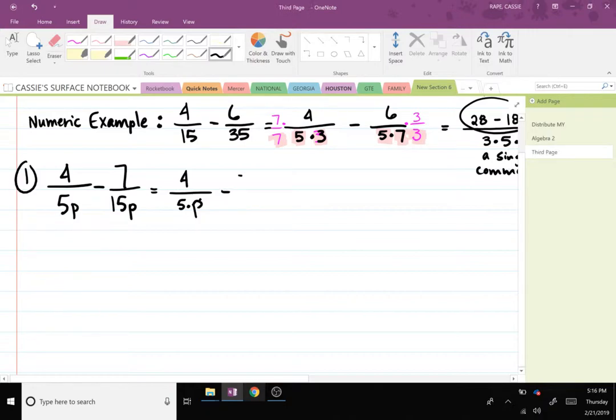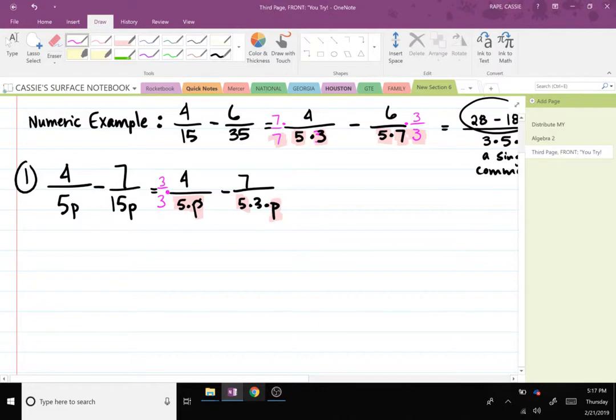And minus 7 over, well, 15 is 5 times 3 times p, okay? 15p is 5 times 3 times p. So you're looking for commonalities, 5 and 5. All right, good deal. P, and that one has a p. All right, what the left-hand side one does not have is a 3. So you're going to multiply by an extremely ugly version of 1, 3 over 3.